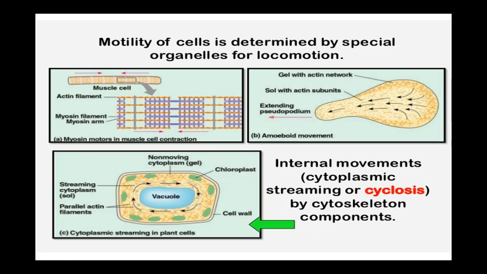And then also other motility cells. It's determined by special organelles for locomotion. So you have types of design with regard to these proteins that allow for movement.